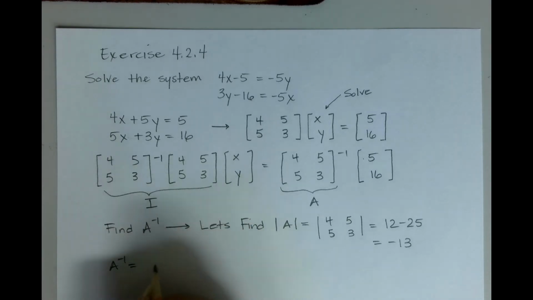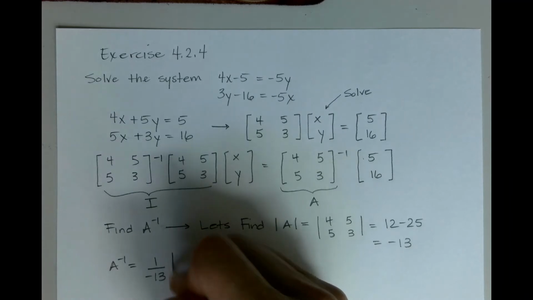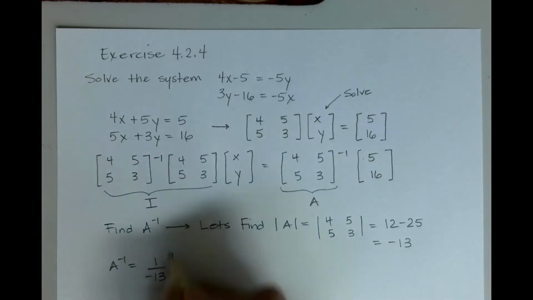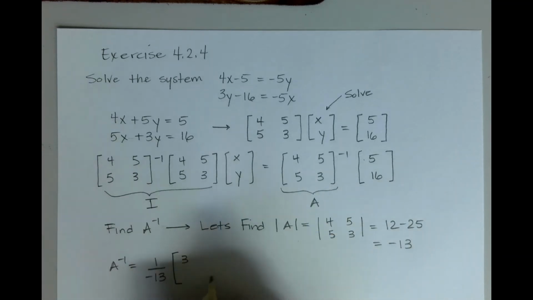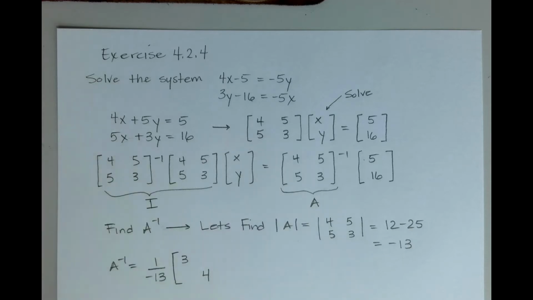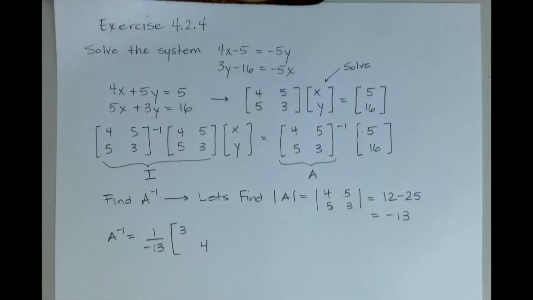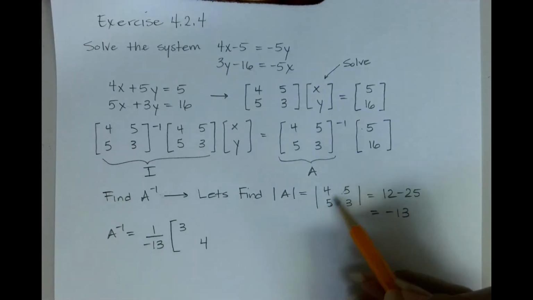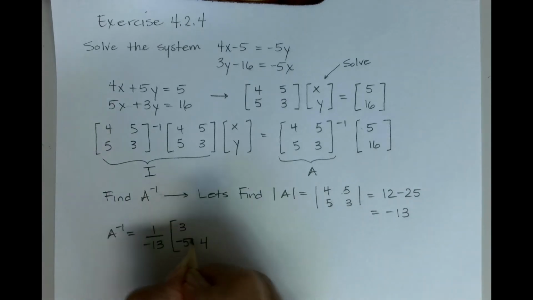So we take 1 over the determinant, which is negative 13 in our problem, and we are going to interchange some numbers here. So this diagonal becomes a 3 and a 4. Those numbers switch. And then these numbers right here are going to switch signs. They don't switch order.